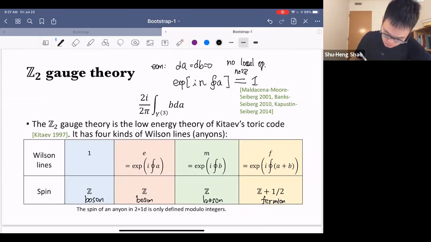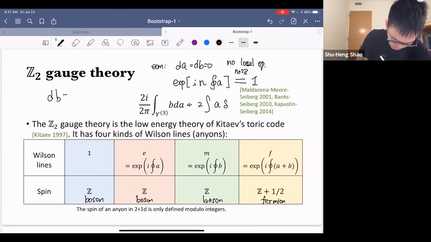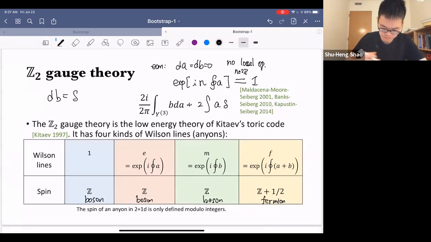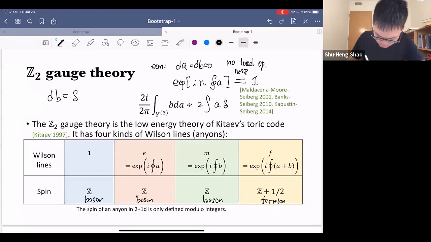Yeah, let me try to refresh my memory on how to do that calculation. In that case, I can integrate out A, and I get dB equals a delta function. And what's the next step? Well, in this case, the reason is just that after I integrate out A, I can really solve dB in terms of delta, and there's no 1/2.